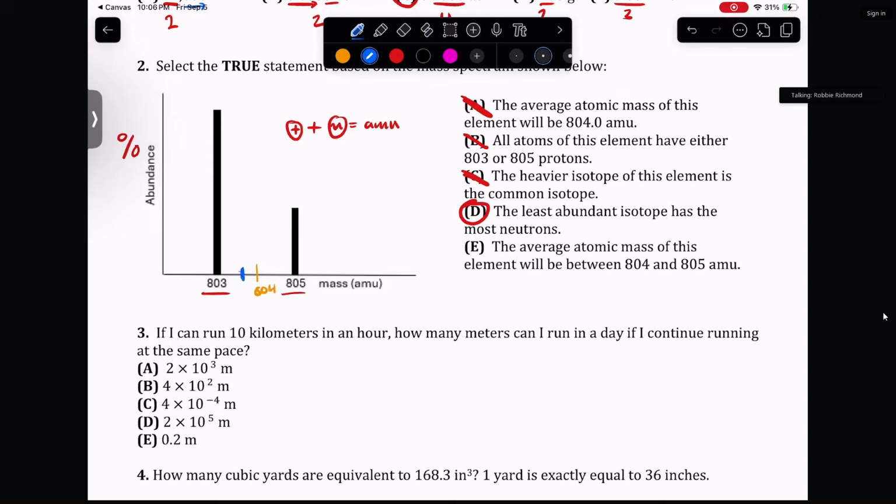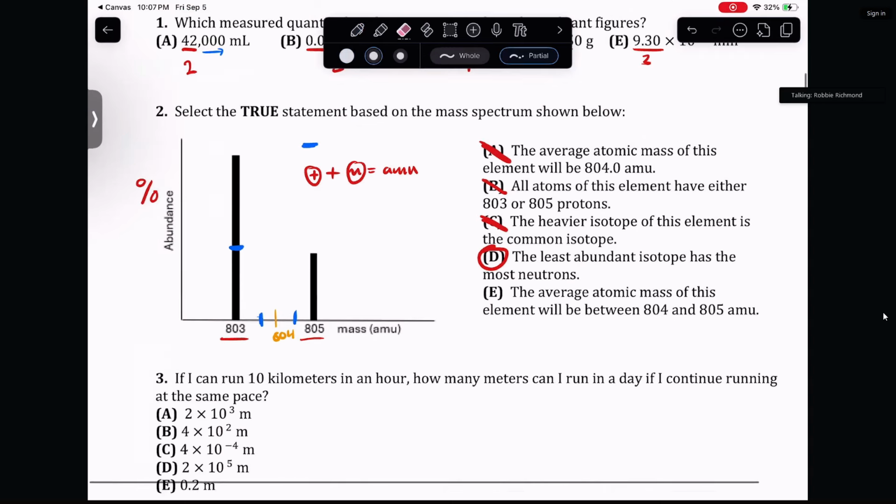This is just a guess, but it's not between 804 and 805. Now, if it was opposite, where 803 was here and 805 was here, then I would say it's plausible that 804 and 805 is roughly the range we're looking for the average atomic mass of this element.